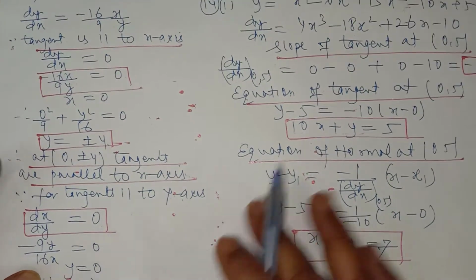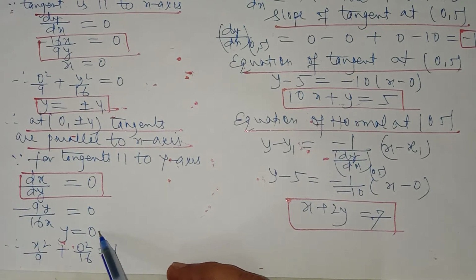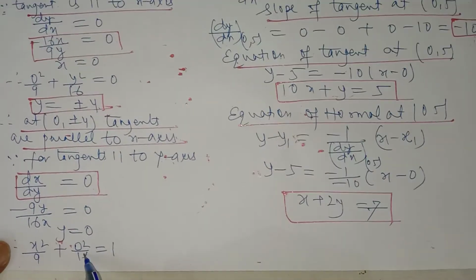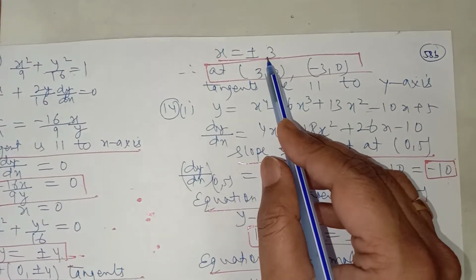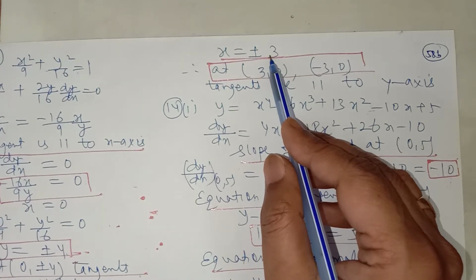Put it equal to 0, you are getting y as 0. Put y equal to 0 in the original, and you will get the x coordinate as plus minus 3.